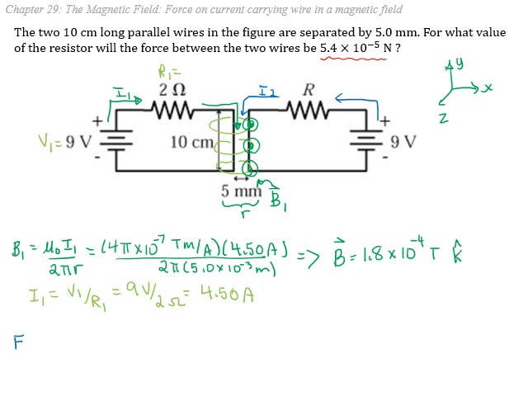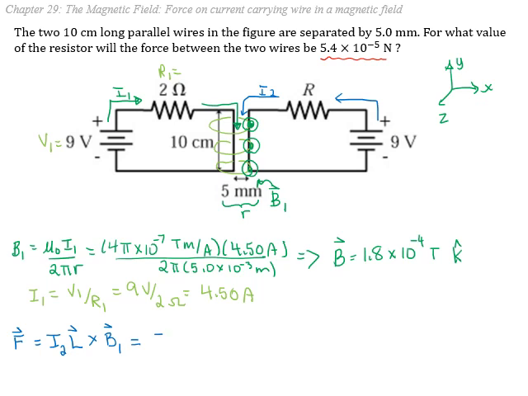The magnetic force on that segment of wire is equal to the current in the wire times the length of the wire, that's 10 centimeters, crossed with the magnetic field that it's sitting in, B1. Why don't we do the vector version here instead of doing the right-hand rule version?